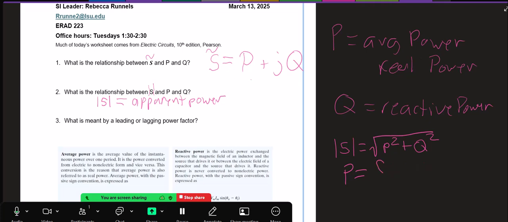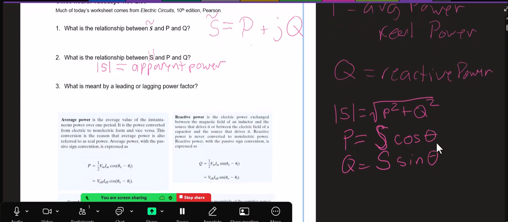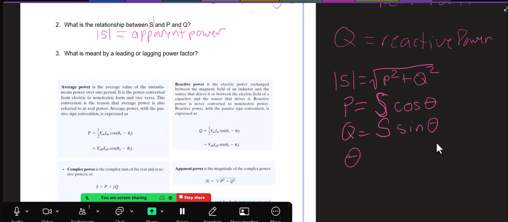So if we have S, the magnitude, P equals S cosine theta, and Q equals S sine theta, where theta is the voltage angle, the phase of the voltage minus the phase of the current. And we have a special name for the cosine of theta, that's called the power factor.